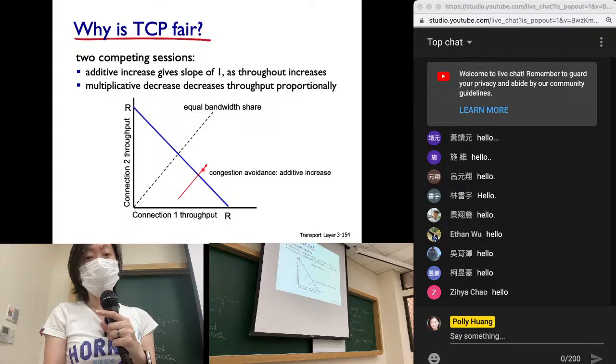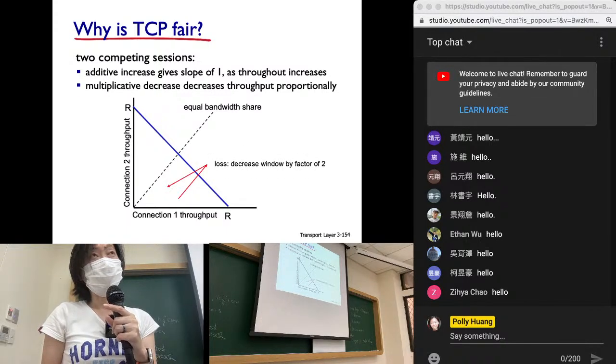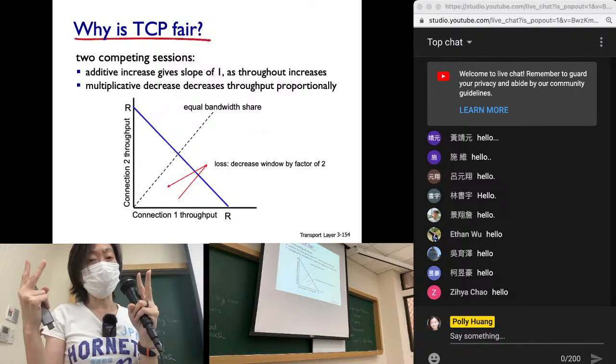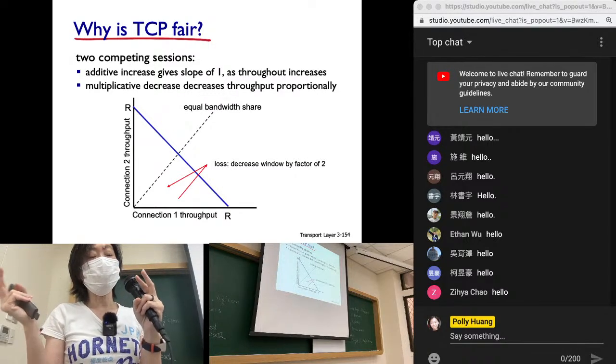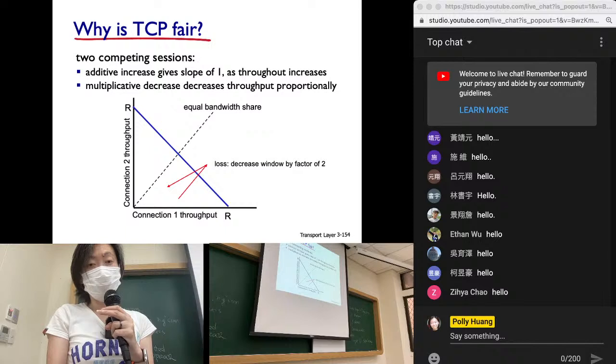But once going beyond the blue line, here is the region where packets will begin to drop. And so you see this. Both connections drop packets, each of them drops to half of its original throughput. Connection 1 dropped from here to here, which is half of the whole thing. Similarly, connection 2, this is the whole thing, and dropping to half of that.